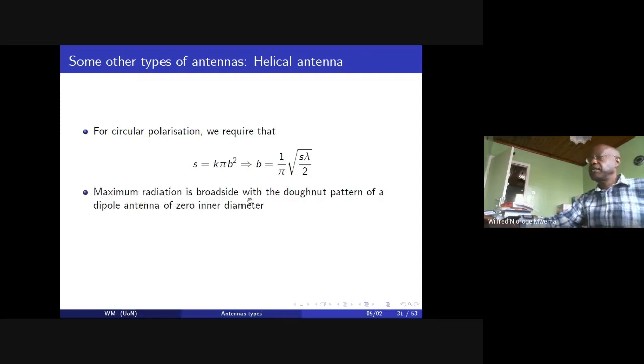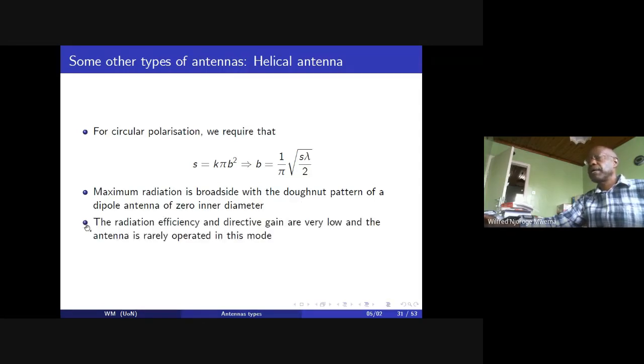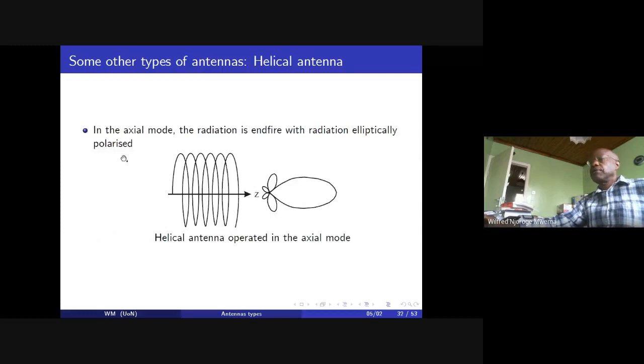So the maximum radiation will be broadside with a donut pattern of the dipole antenna of 0 inner diameter, and the radiation efficiency and effective gain are usually very low, and the antenna is rarely operated in the broadside mode. So in the axial mode, the radiation is end fire with the radiation elliptically polarized in that direction, and you see that it's directed in one direction there with very small back radiation.